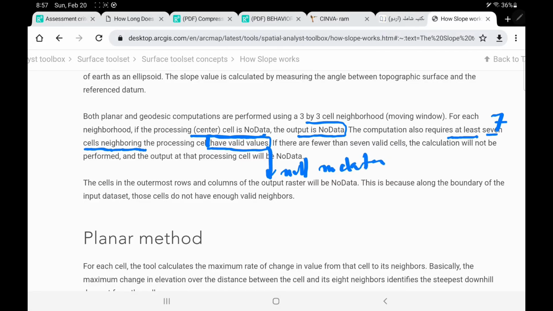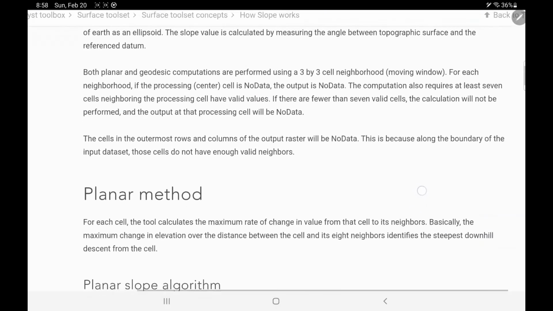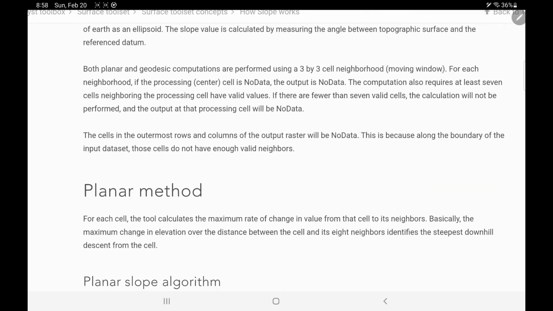If you see that you have a total of 8 neighboring cells, 1 2 3 4 5 6 7 8, the maximum allowed no data cell is only and only 1. Further, it says that if there are fewer than 7 valid cells, meaning you have more no data cells, the result will be no data. So this is a point to be noted.